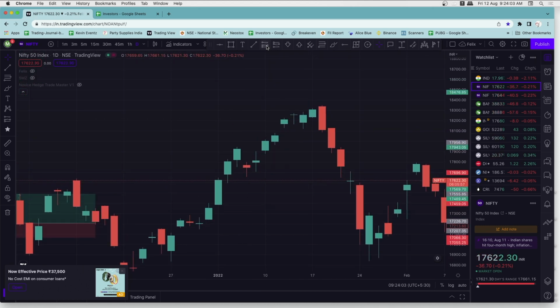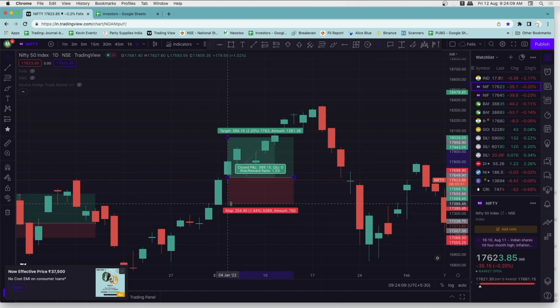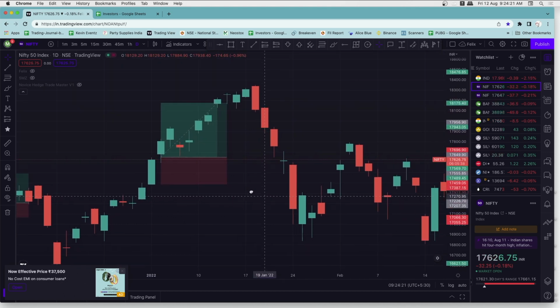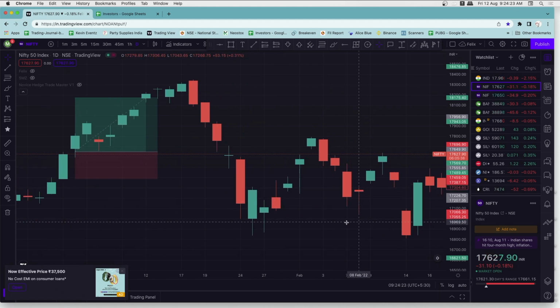In the January 2022, can you see this is the first candle? The first candle breakout has happened, and the 1:2 risk reward ratio, since the candle is about 250, so 1:2 risk reward. The target is done. So we are moving on to the February month.